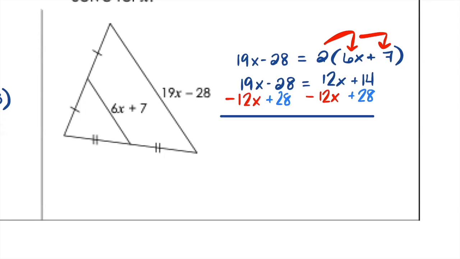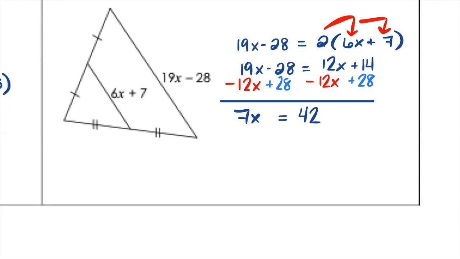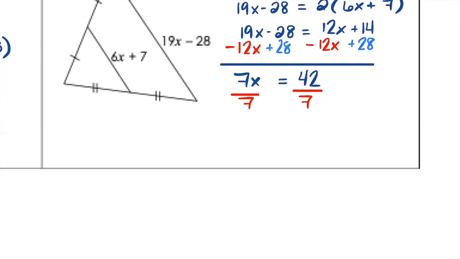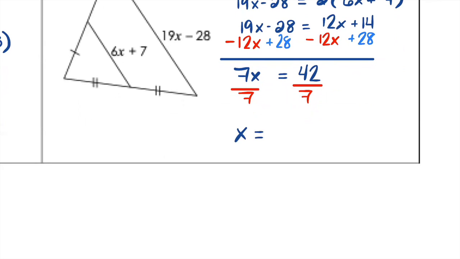So we get that equals 56, 42. Divide by 7. X equals 6.